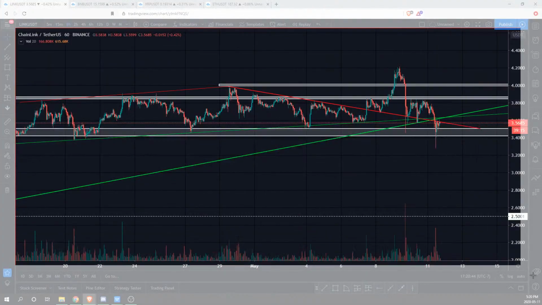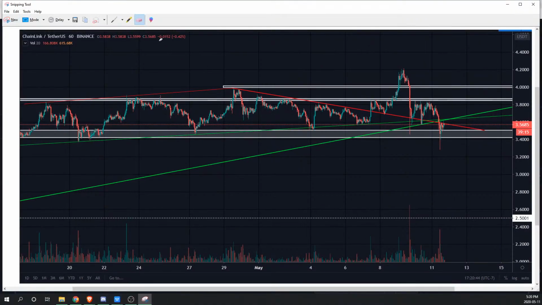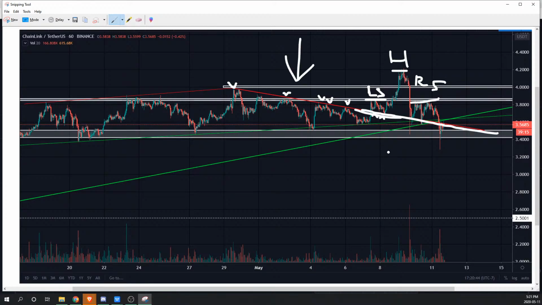Let's get our snip here. And then we initially have this zone as a resistance. We see multiple rejections from this zone, and then we test it as a support, which is nice. And this is our left shoulder. We can see that right here. This is our head, and this is our right shoulder. So what's the breakout zone? This descending zone, which is our previous level of resistance, is now going to be our key level of support.